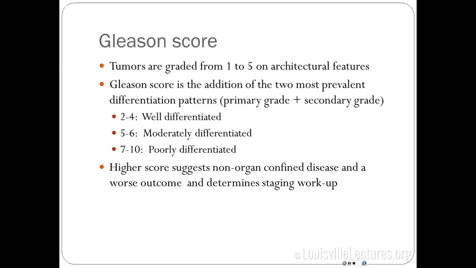And the main thing that the transrectal ultrasound and biopsy tells you is a very important piece of information called the Gleason score. So what the Gleason score is, it's actually the sum of the two most dominant architectural patterns in the specimen.